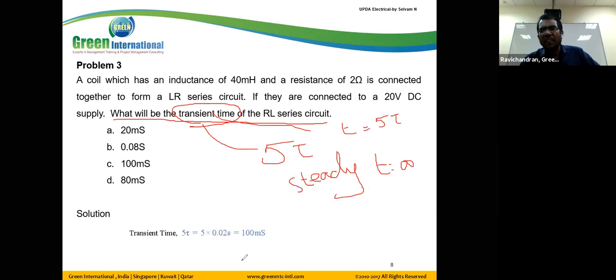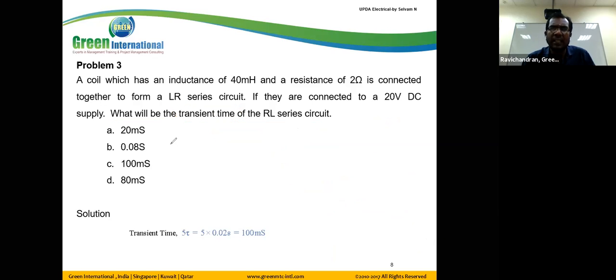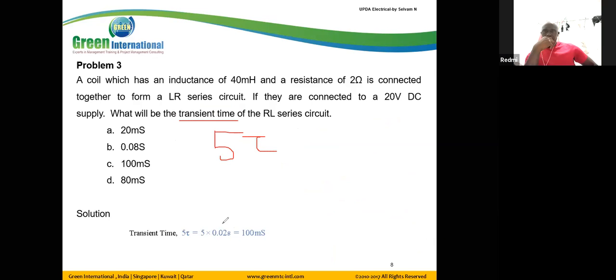So e to the power of minus infinity gives the exact value 0. E to the power of minus 5 tau gives 0.00000 like this, but not exactly 0. Here they ask the transient time. The formula is 5 tau. So 5 into 0.02. Already we found tau in the previous question, that's why I take the answer directly.